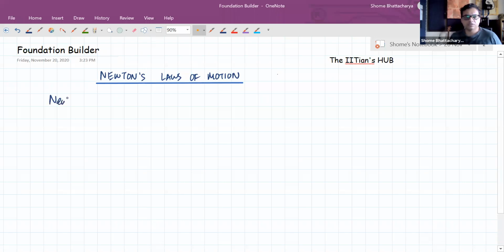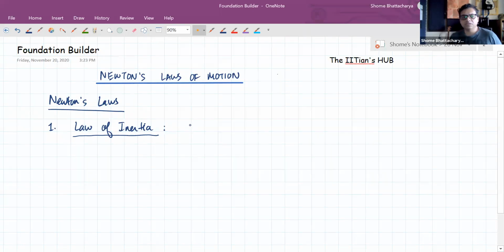As you know, there are three laws given by Newton. The first one is called the law of inertia, because it defines a property possessed by any body or any mass or any particle, called inertia.